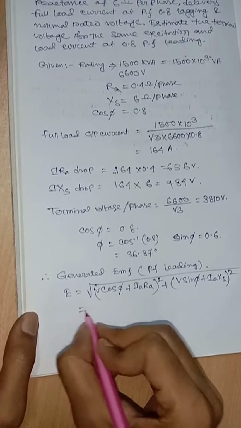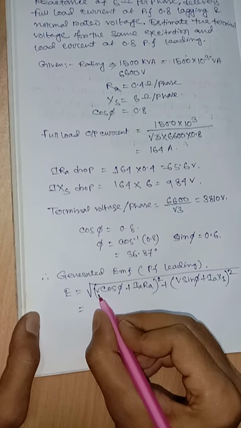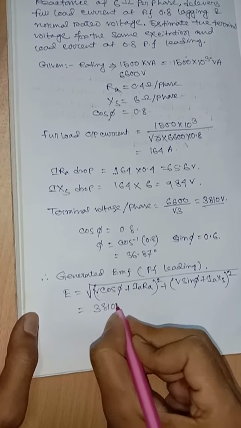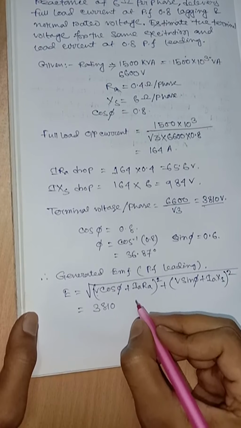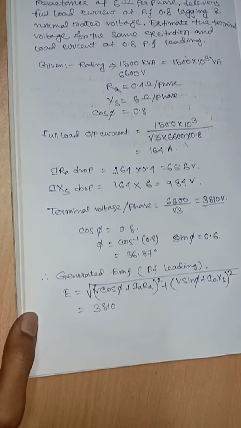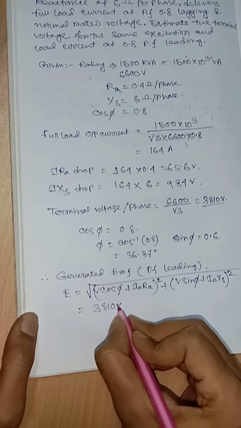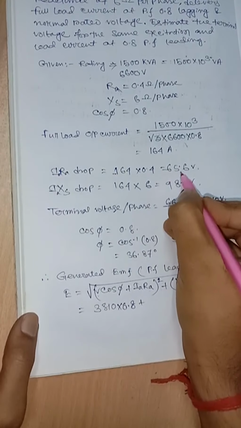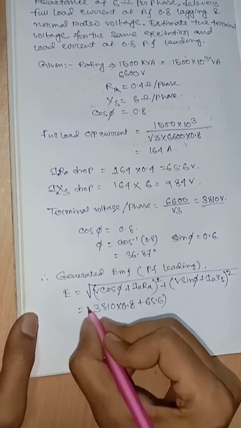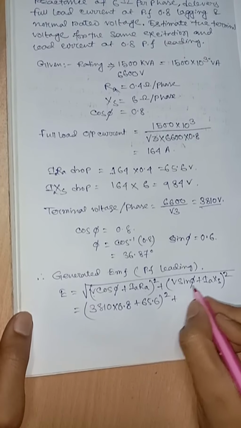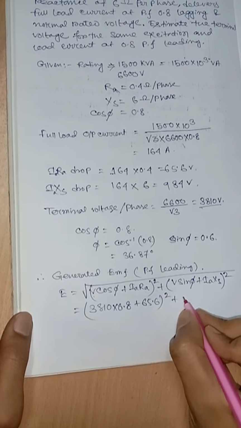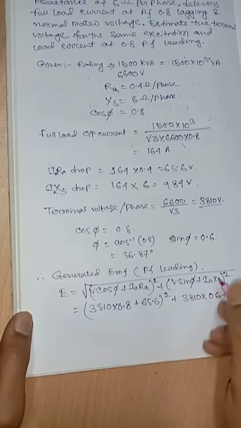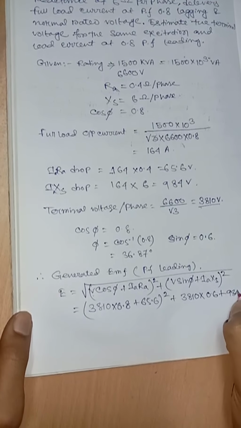So I simply put in the values: V is 3810, cos phi is 0.8, IaRa is 65.6, sin phi is 0.6, and IaXs is 984.